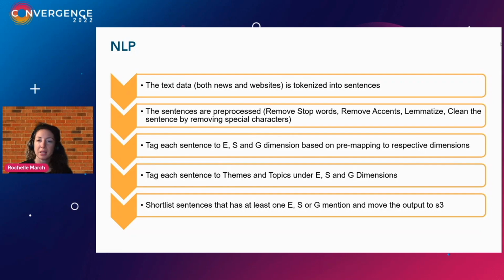And then we'll tag each sentence to the proper E, S, and G dimension based on our pre-mapping of that ontology to respective dimensions. And then we'll also tag each sentence in that hierarchy. You've got ESG, you've got themes, and then topics as well. And then we shortlist the sentences that have at least one mention of these themes and topics and move the output to an S3 bucket that we'll later pull from for the final analysis.